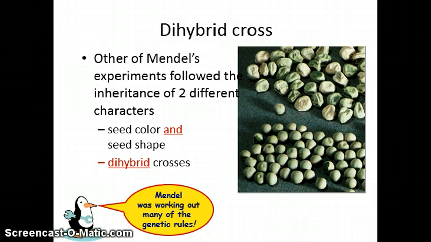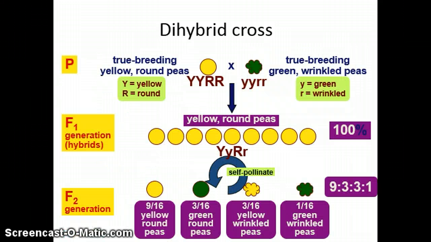Fortunately, he chose character traits found on different chromosomes, so he was able to identify that they were assorting independently.